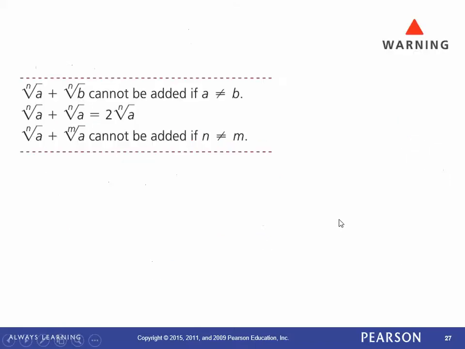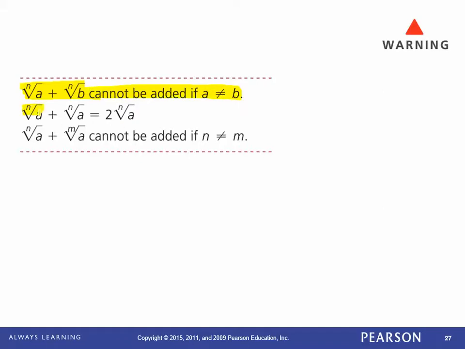All right, the warning sign again. I guess I should highlight these here. So real quick, if the numbers inside the radical are different, they cannot be added together ever. They stay separated.